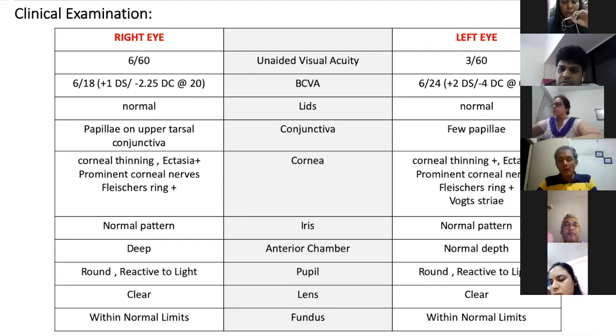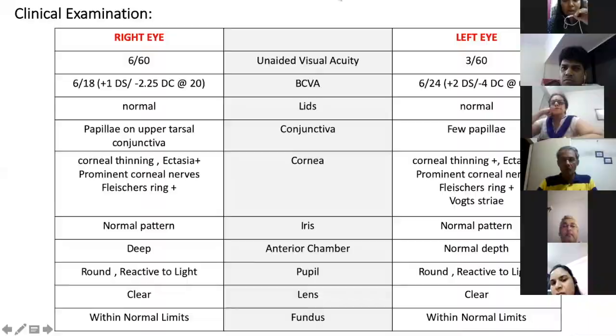Why is it important to diagnose keratoconus in patients who are going to opt for LASIK? Because we are thinning the cornea, so they are prone to post-LASIK ectasia after refractive surgery.